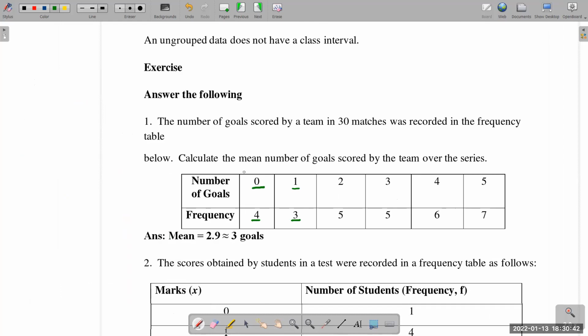So what do I mean by that? Let me make that even clearer. 4 persons got 0 goals. I think we kind of started this on Monday. This is where we ended off. So in total, how many goals did these 4 persons make? 0. Remember that? 3 persons, because remember the frequency tells you the number of persons that did the event. So 3 persons got 1 goal.